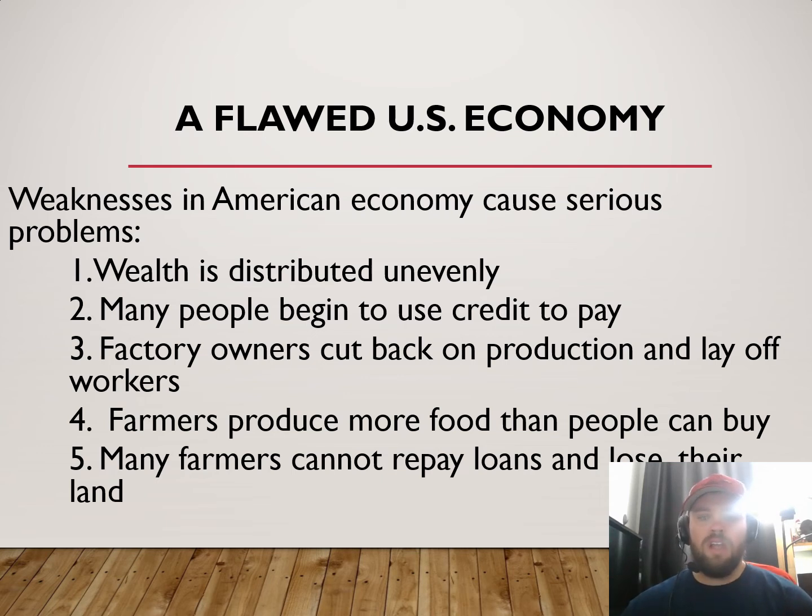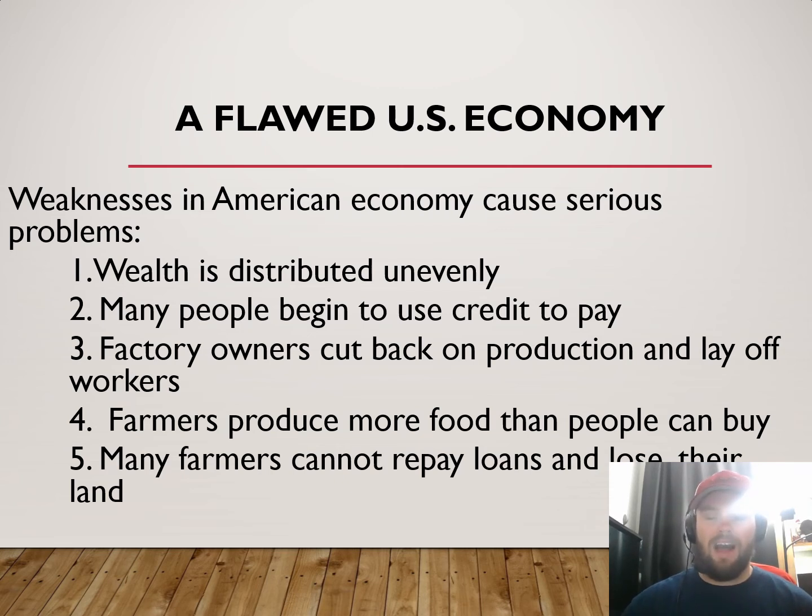Factory owners are hoping that people will buy more stuff, but pretty soon people have bought all they can buy. They've bought all they can buy, and so what this causes is they stop buying stuff, which means that factories no longer need people to make stuff because nobody's buying stuff, and so they lay them off.